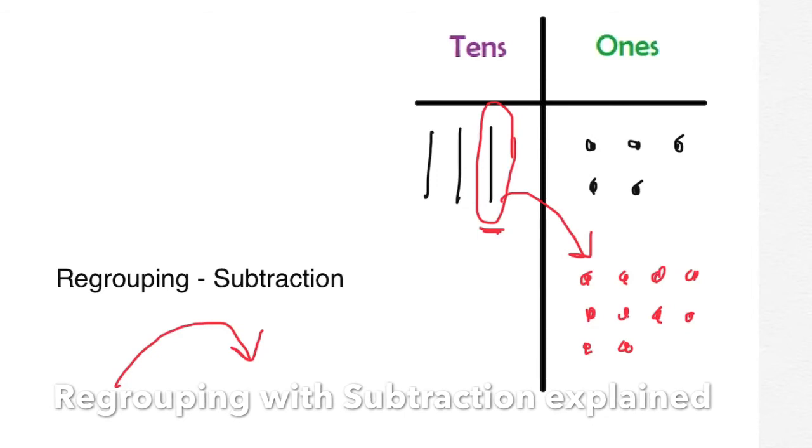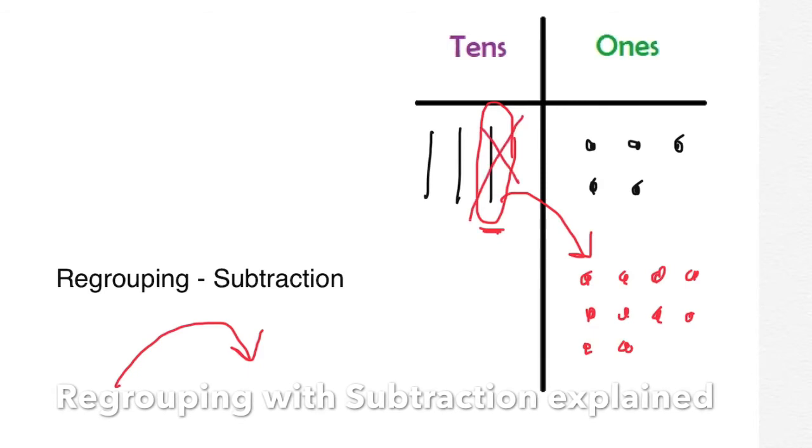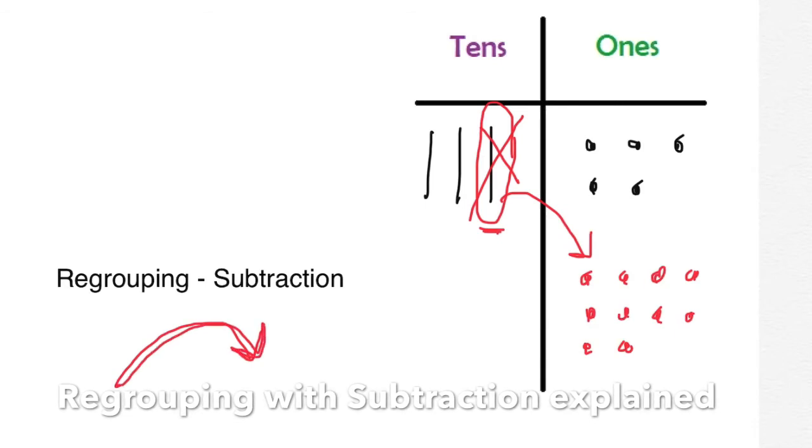Now that it's over here in my ones column, I would need to get rid of it in the tens column, because now it's represented in the ones column. So regrouping with subtraction goes to your right.